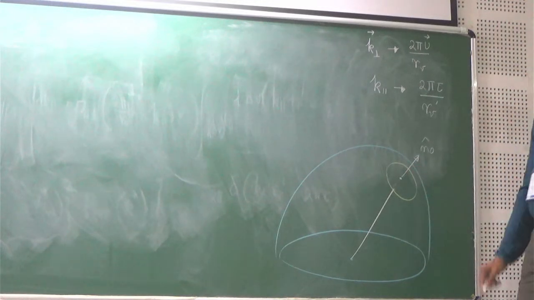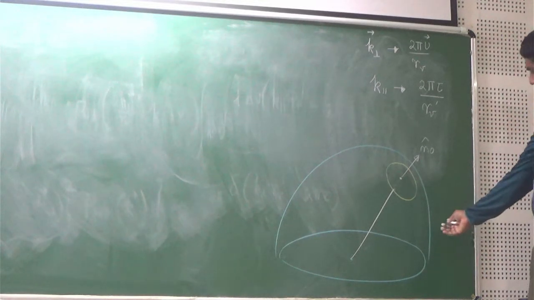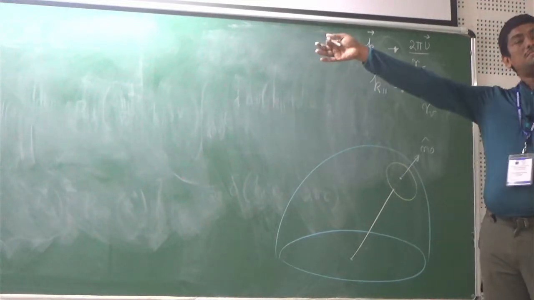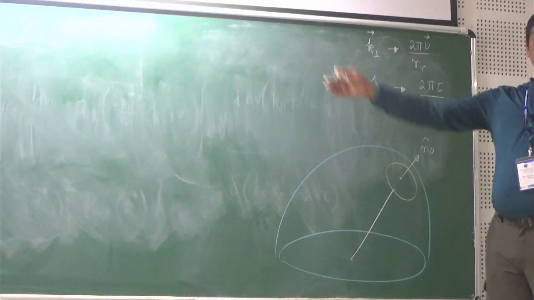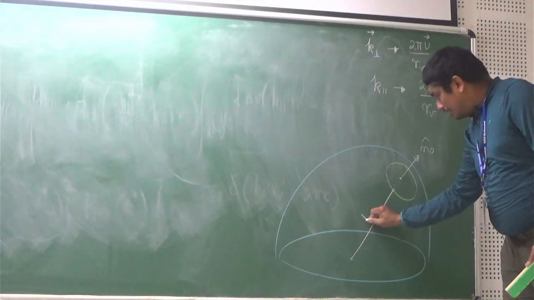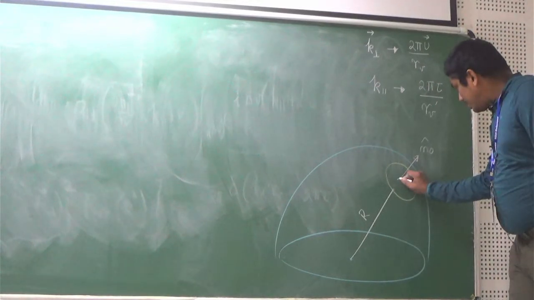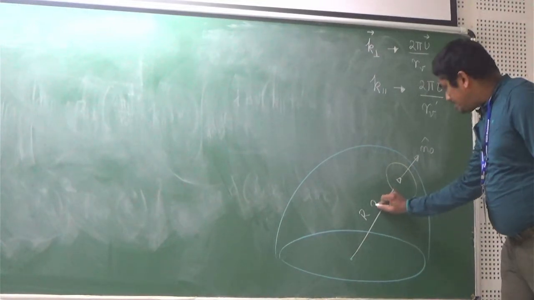So let us make a simplifying assumption, which is partially true, that all the signal I am talking about, in our case, is coming from a certain z, which gives a comoving distance to that redshift. Let's say that distance is R. So the vector which goes from the observer to this point is R N0 cap.